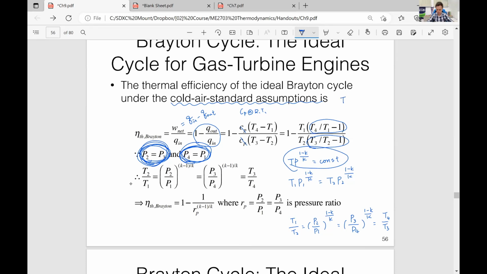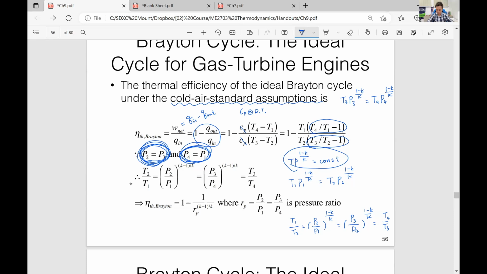So you would have T3 P3^((1-K)/K) the same as T4 P4^((1-K)/K).